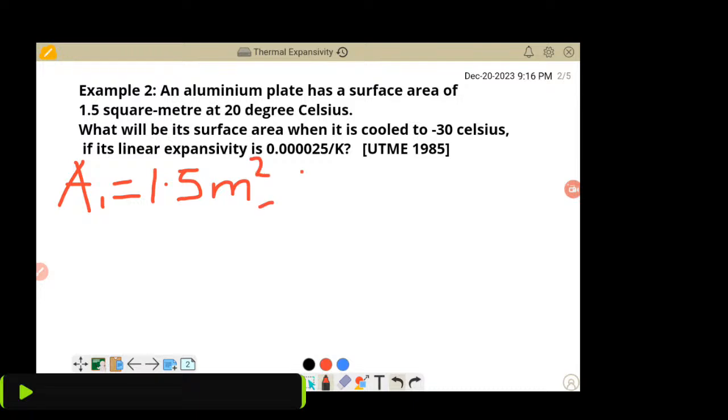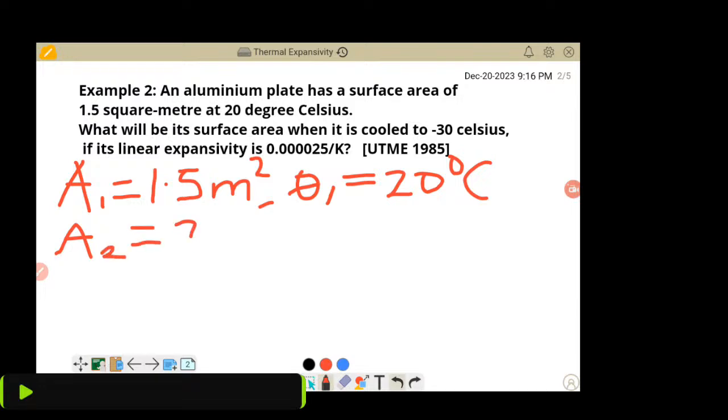The initial temperature is equal to 20 degrees Celsius. Now they ask us what will be the surface area, that is the new area, when the temperature is reduced, when the temperature, theta 2, is now minus 30 degrees Celsius.